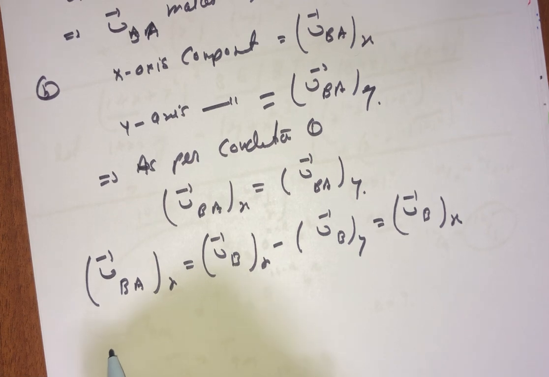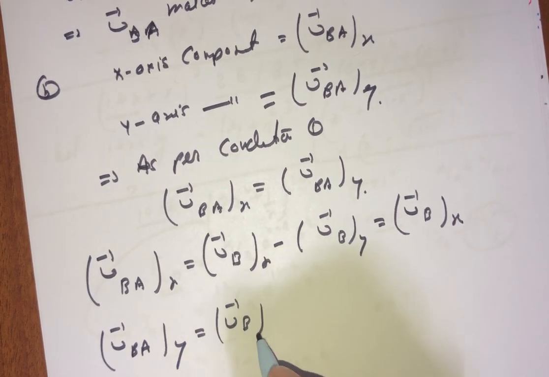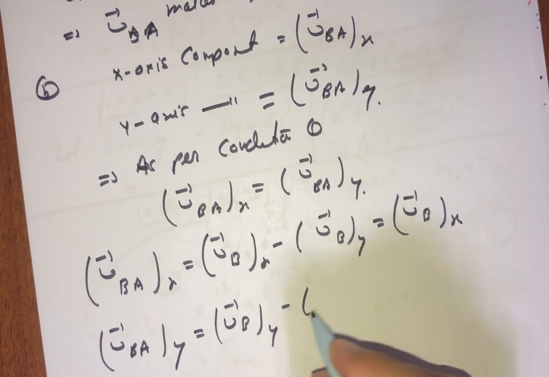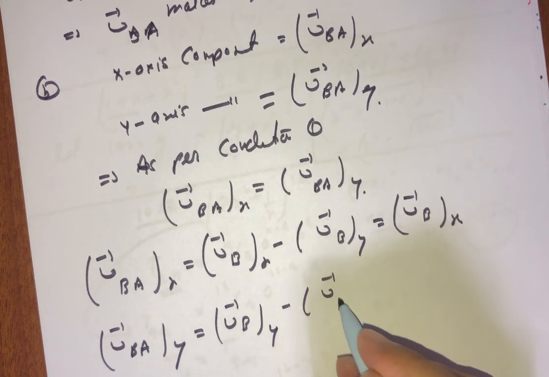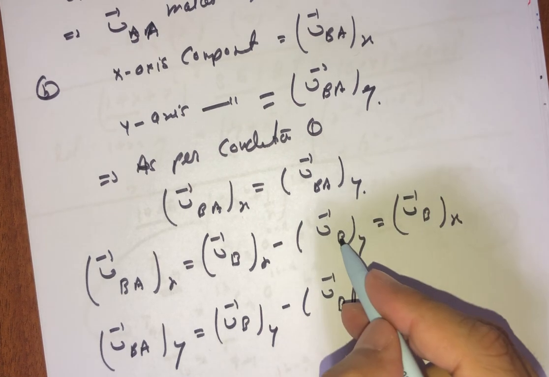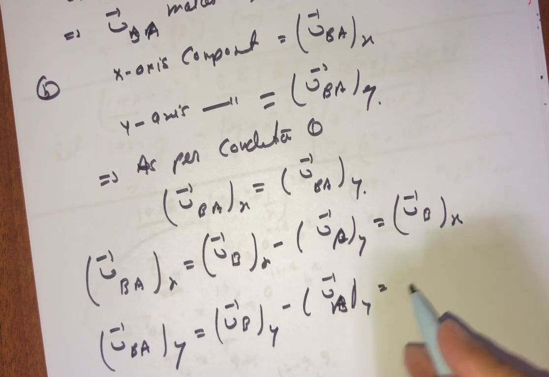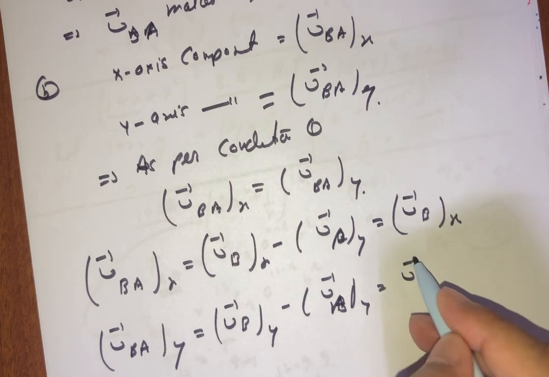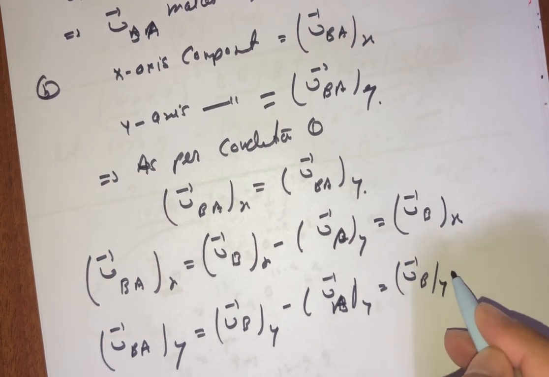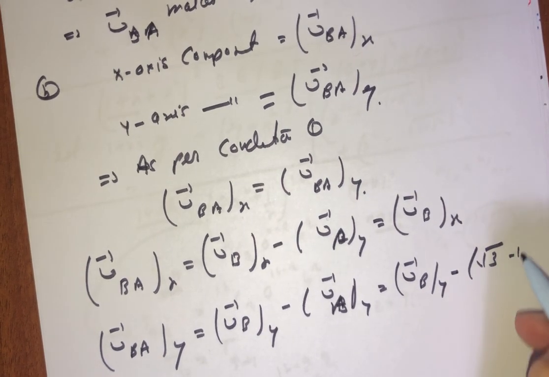Similarly, VBAy is equal to VBy minus the velocity of A, which is square root of 3 minus 1.